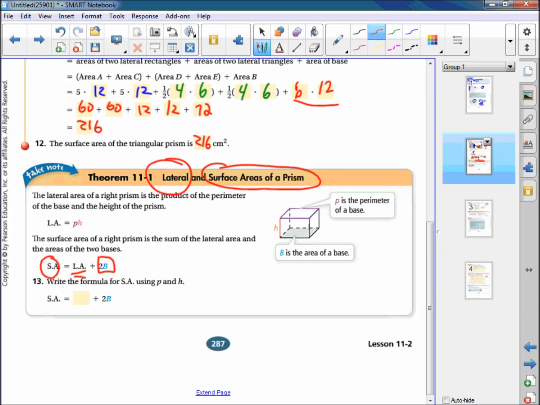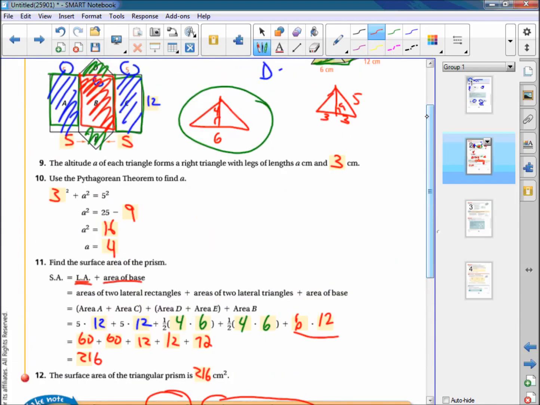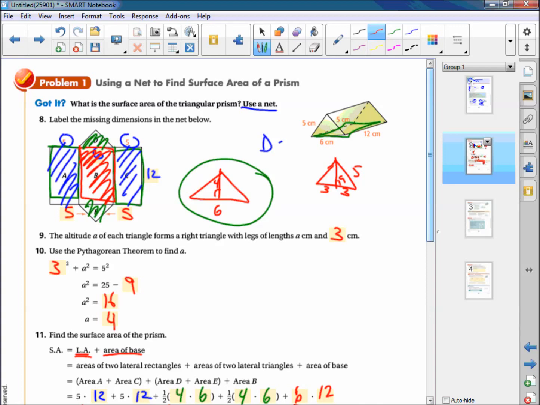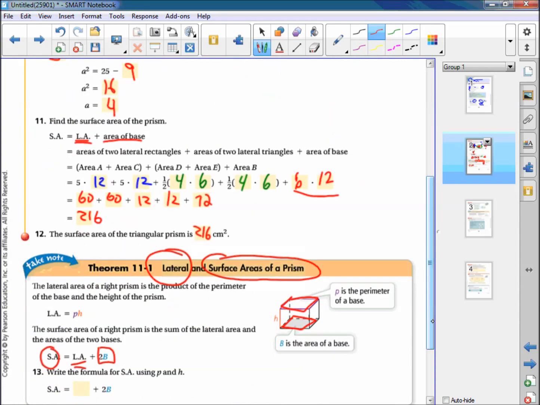A prism will always have a top and bottom that are the same. So in this rectangular prism, we have two rectangles that are exactly the same on the top and bottom. If we look back at the earlier example, which is why I didn't like it first, this is a triangular prism. So the bases are actually this triangle and this triangle that are exactly the same. Okay, so that's the 2 times the base.